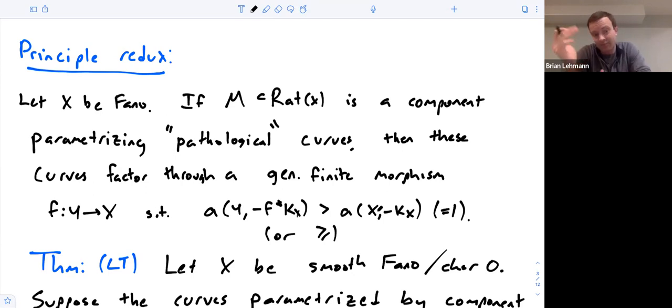It seems like maybe it's something worth trying. To be fair, what this principle looks like will depend upon what you mean by pathological. So sometimes, depending upon precisely what you mean, you might want to allow maps where the a invariants are equal as well. You wouldn't want to allow arbitrary maps, but maybe some of the maps where equality is attained should also be considered in this principle.